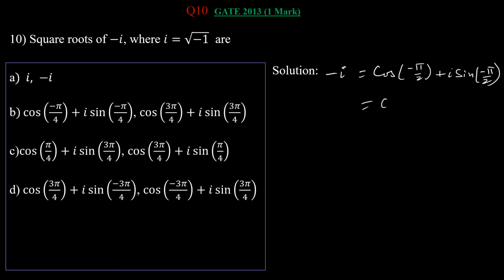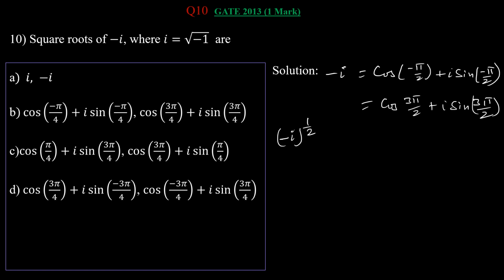The other way you can write it is cos 3 pi by 2 plus i sin 3 pi by 2. Now we have to find the square root of minus i.